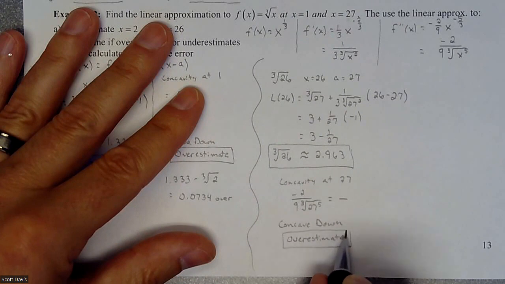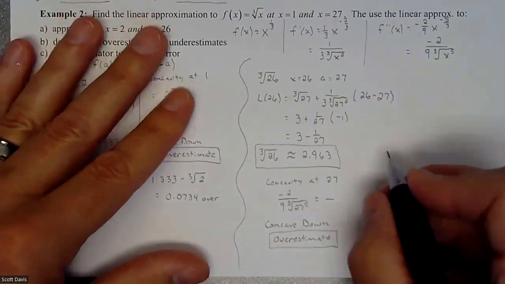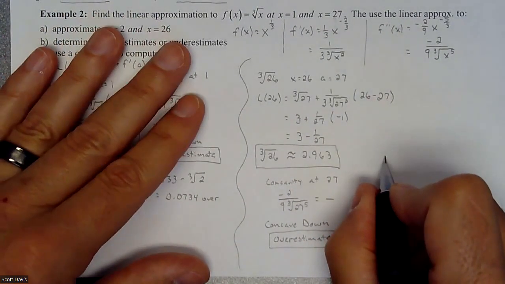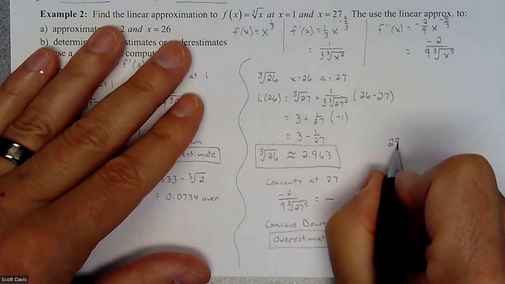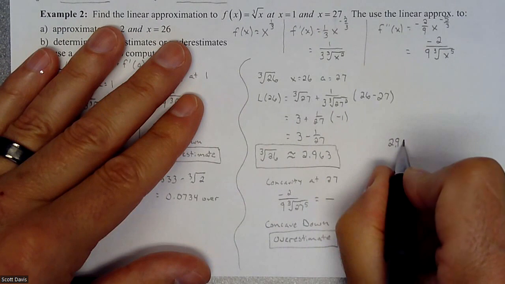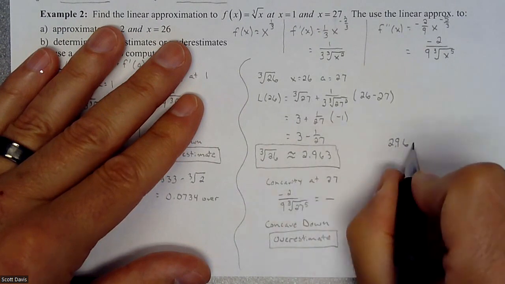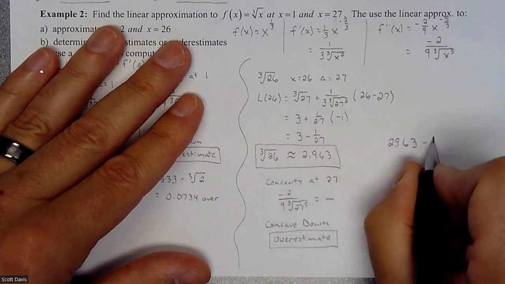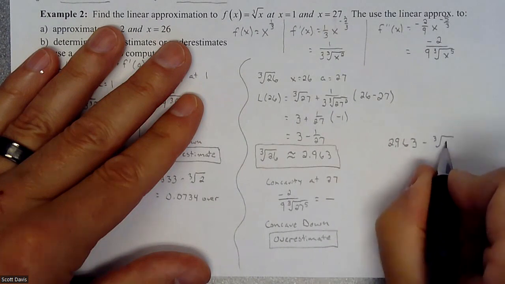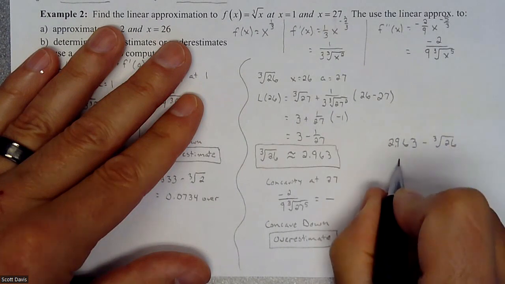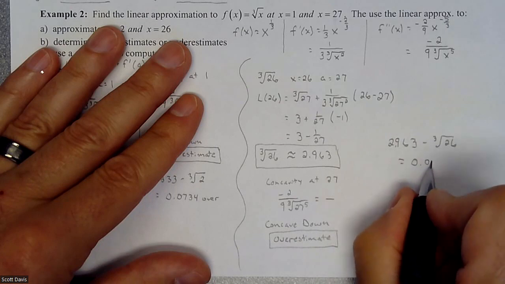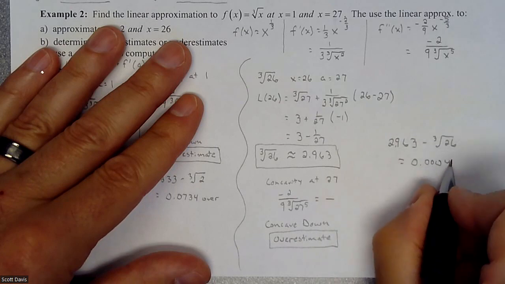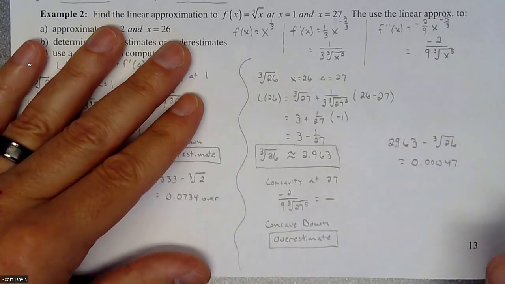And then if I want to figure out how close we are, I'm going to take the answer we got, 2.963, and if I subtract out the actual cube root of 26, we are approximately 0.00047 off.